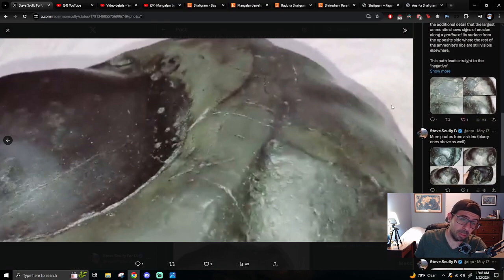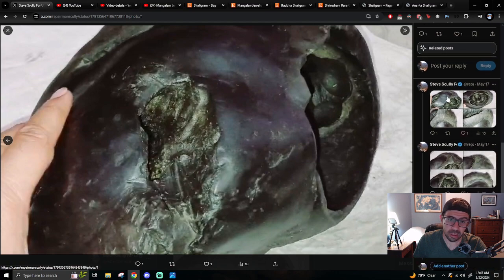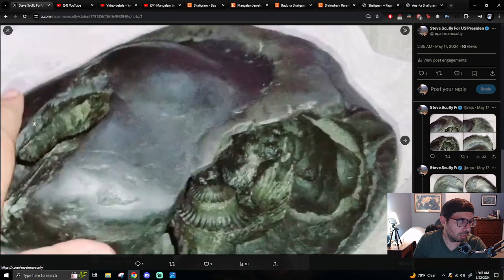So we got this flow coming off from the bottom around the side to the top to where the ammonites are at, which are then connected to one another. We can kind of see the ribs here, the ripply looking going across this way. And then underneath it, the chakras.